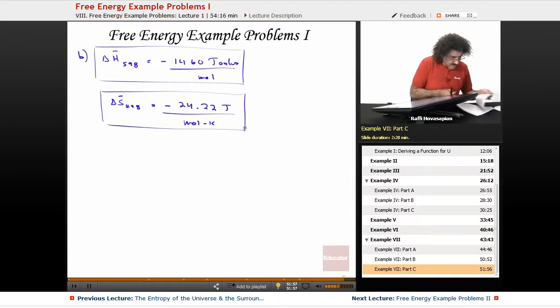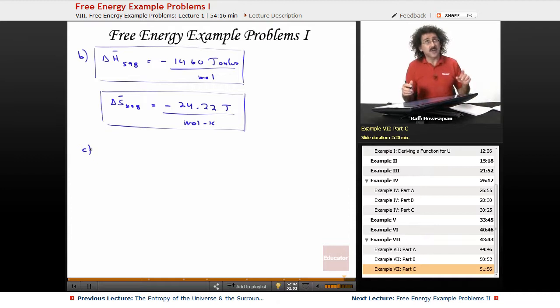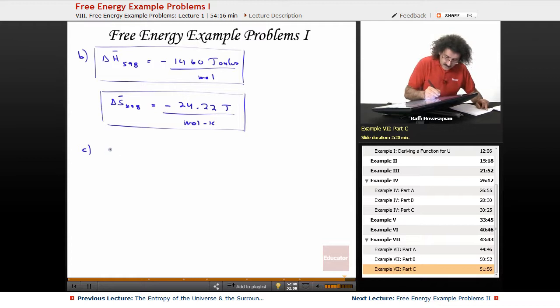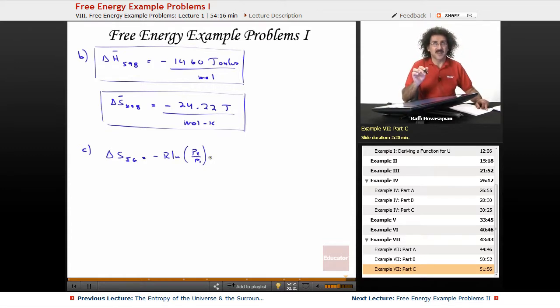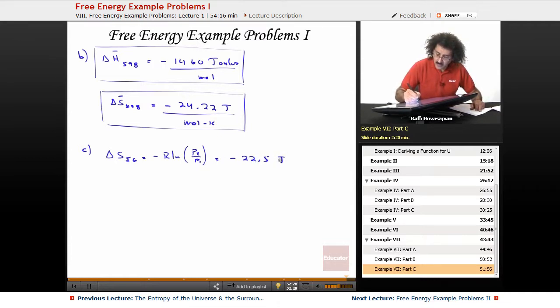Okay, now let's compare the two values. Part C, they wanted us to compare the values for the ideal gas and the van der Waals gas. The delta S for the ideal gas is equal to minus R ln(P2 over P1). That was the first term. It's minus 22.5 joules per Kelvin mole.